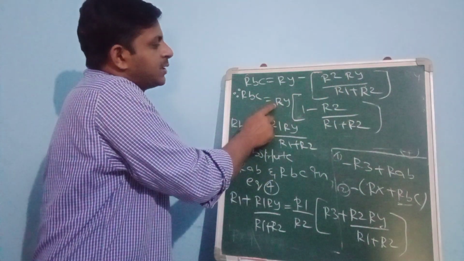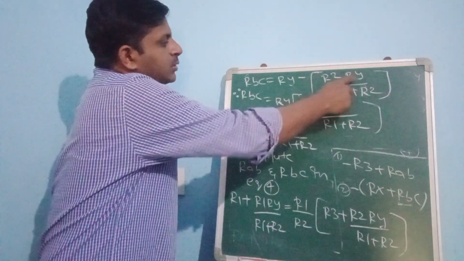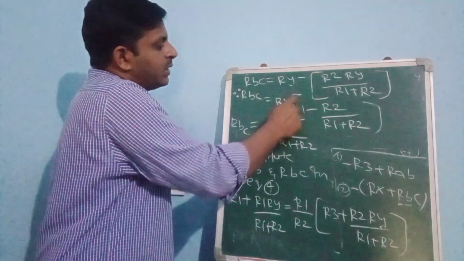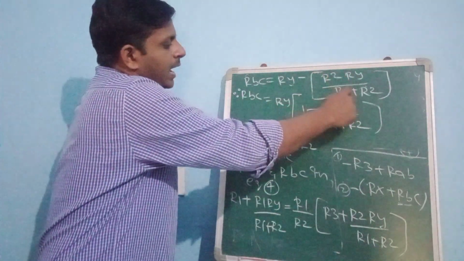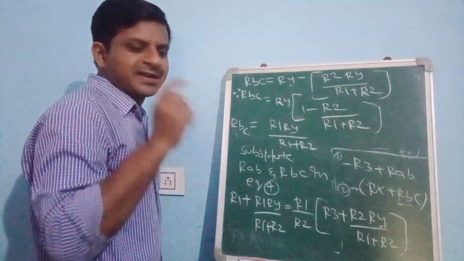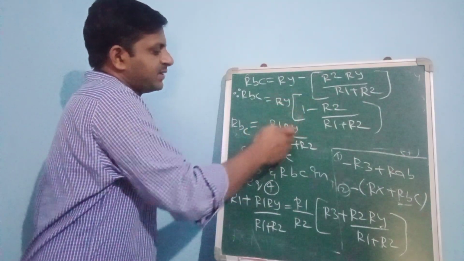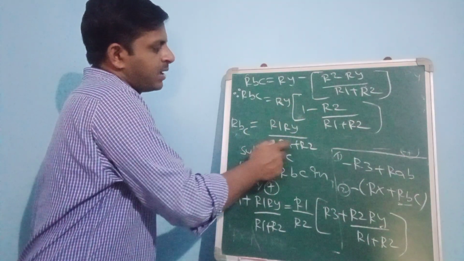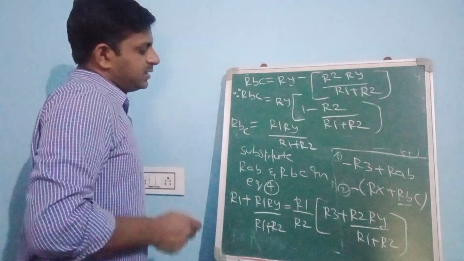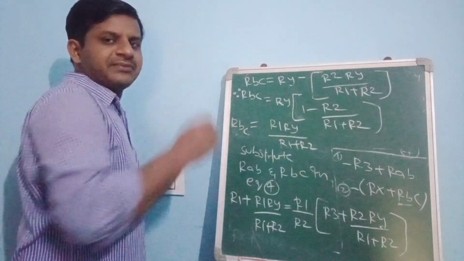Therefore RBC equals Ry into 1 minus R2 by R1 plus R2, as Ry is common. By simplification, we get R1 Ry by R1 plus R2. This is the final RBC value.